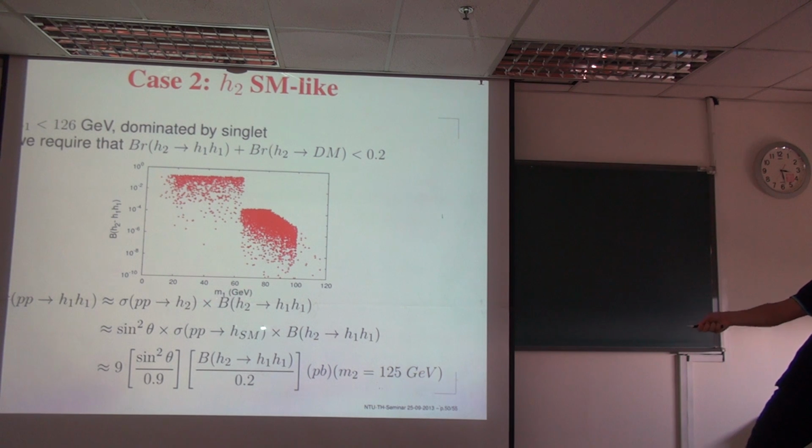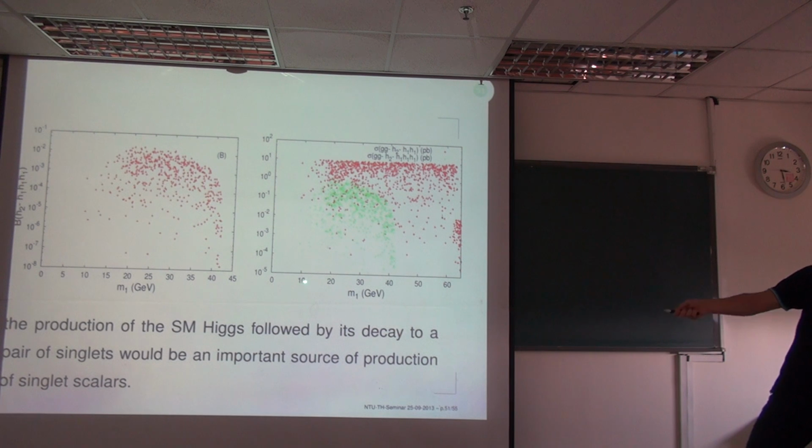But you can get it from the decay of the standard model Higgs going to 2 singlets. Since this cross-section is large, we can produce these 2 singlets from this standard model process. I just show you the cross-section, pp going to H2, and H2 splits to 2 Higgs. Those are the red points, and you can see the maximum is slightly larger than 10 picobarn.